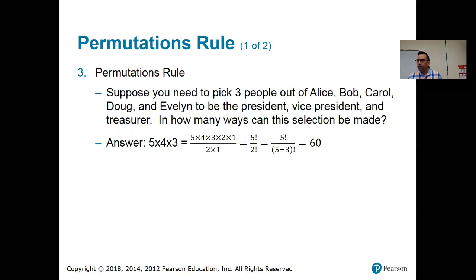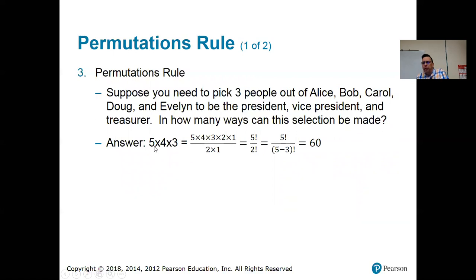Now, don't worry about all this extra stuff I showed over here. Really, if you were doing this problem, all you would have to do is 5 times 4 times 3 equals 60. The reason for this other stuff is that I am about to show you a formula to solve this problem, and I'm trying to make this look more like the formula.